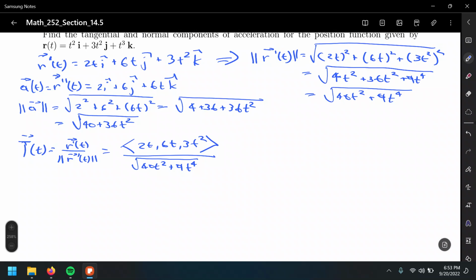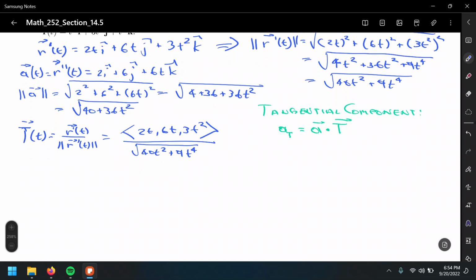Okay, so now the tangential component. This will be number one, a subscript t equals, in this case, the acceleration vector that we got before dotted with the tangential. Okay, so let's just put this in the formula.